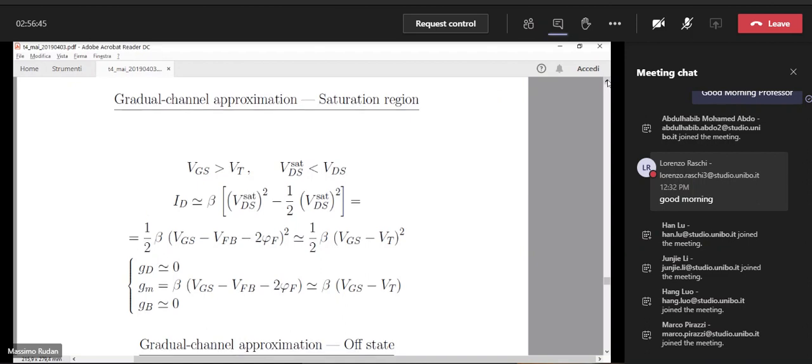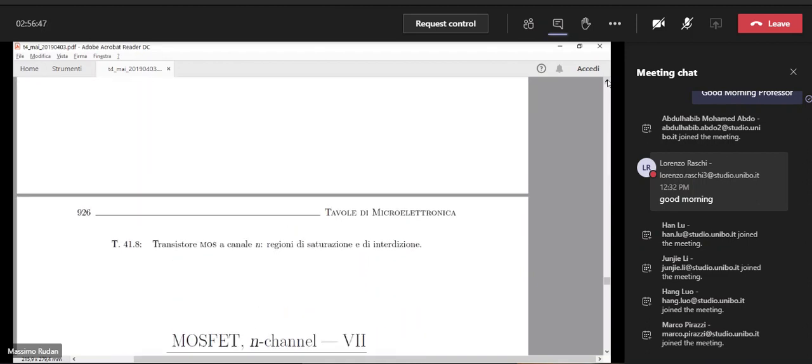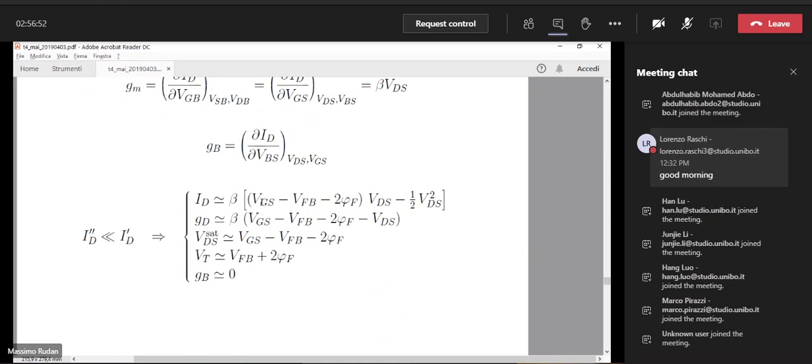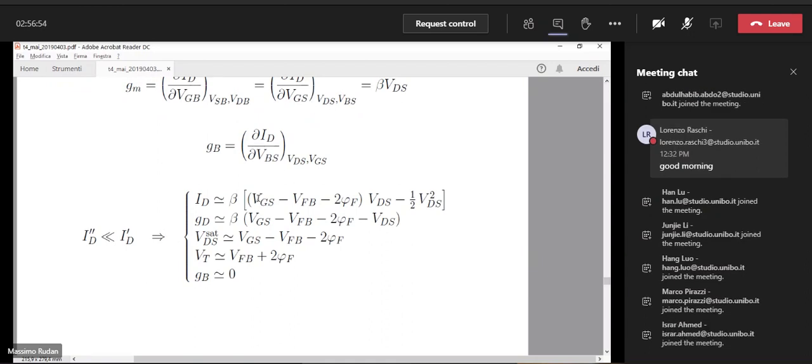When we do so, we observe that all these parentheses in this simplified model is actually VDS sat already.